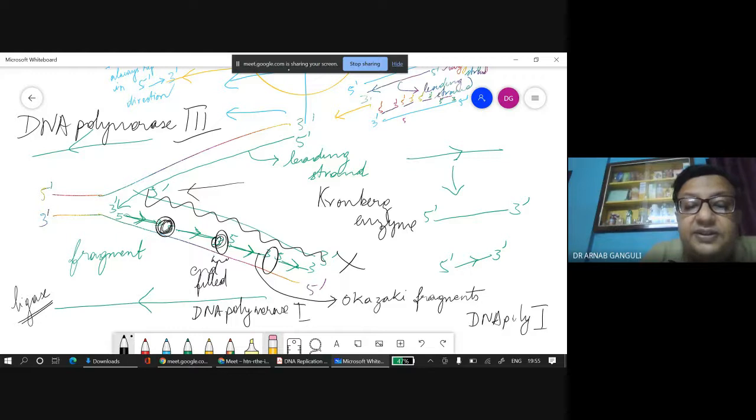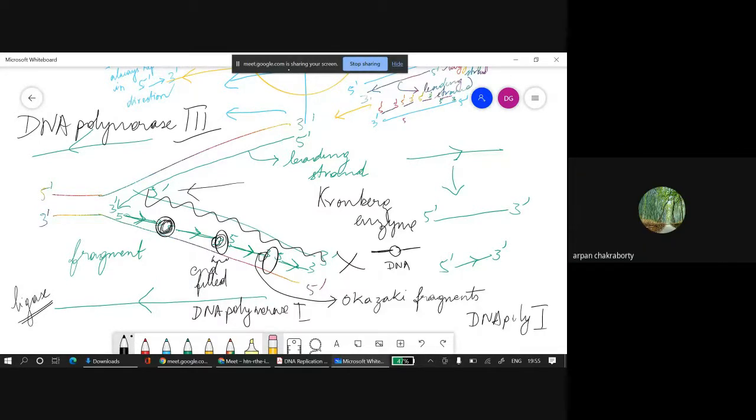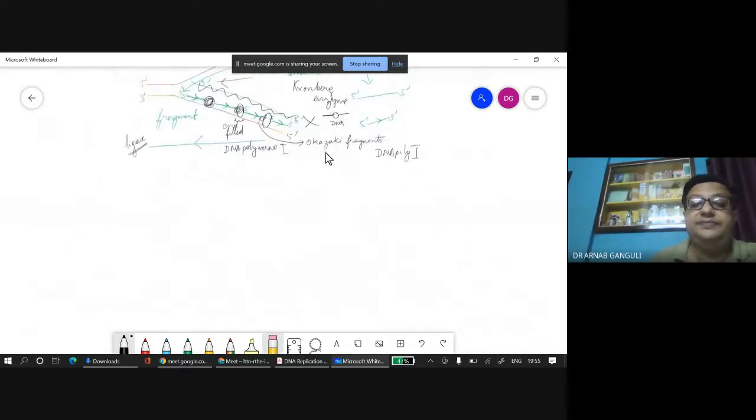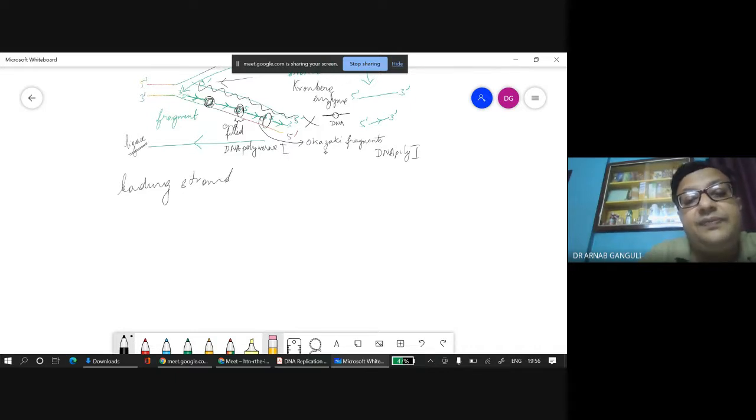ছোট ছোট গ্যাপ আছে এটা ফিল করে দেয়। গ্যাপটা ফিল করলে হবে না তো, দুটো স্ট্র্যান্ড খোলা থাকে, ওটাকে জোড়ে ডিএনএ লাইগেজ। So whatever it be, leading strand, 5 prime to 3 prime, it is fast, and the other strand is known as the lagging strand.